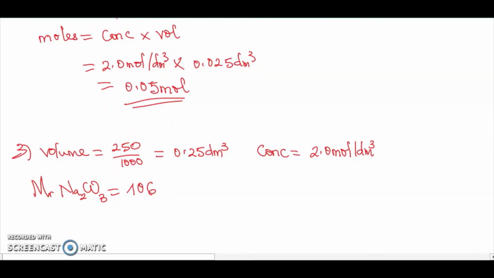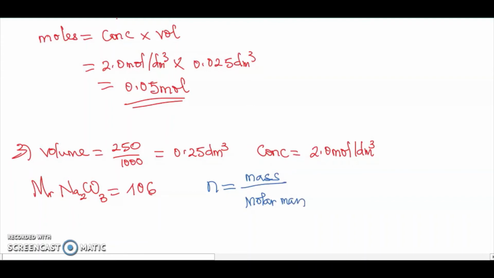Now we want to calculate mass, and we know that from number of moles we can obtain mass, because remember earlier on we saw that number of moles is equal to mass divided by molar mass.